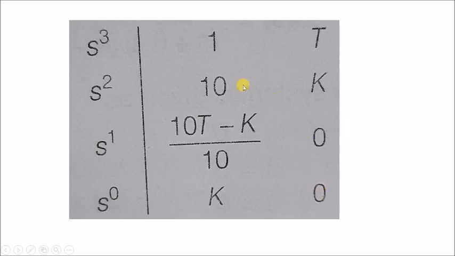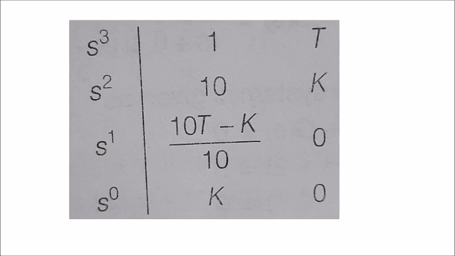So to make the system stable, the first column should not have any sign change. Here the first one and second one are positive, so ultimately these two have to be positive, because if this becomes negative then a sign change occurs. Sign change means poles are on the right side, then the system becomes unstable, but that is not our case. Our system has to be stable.